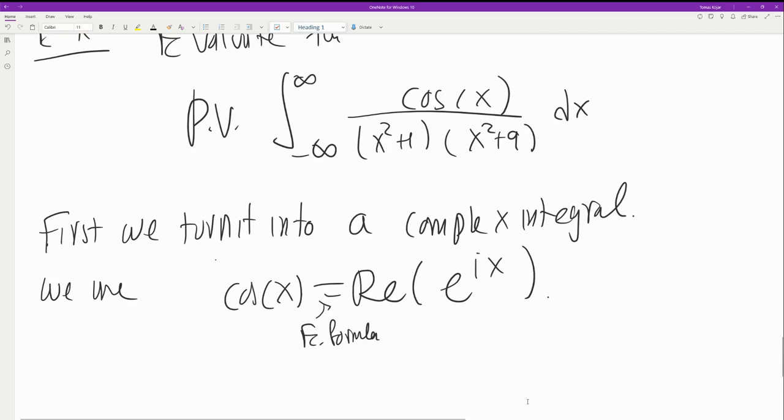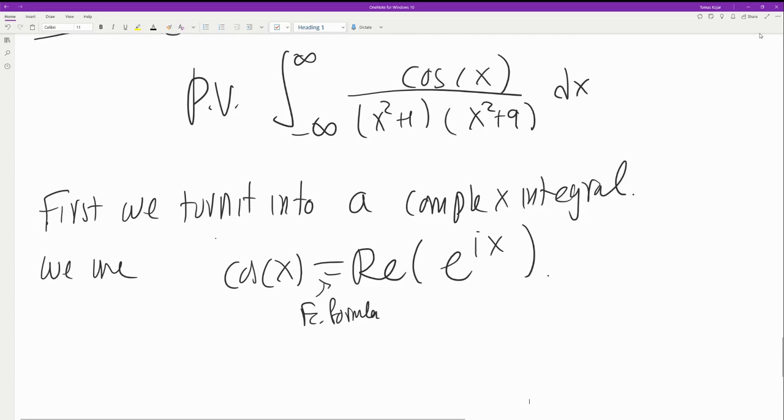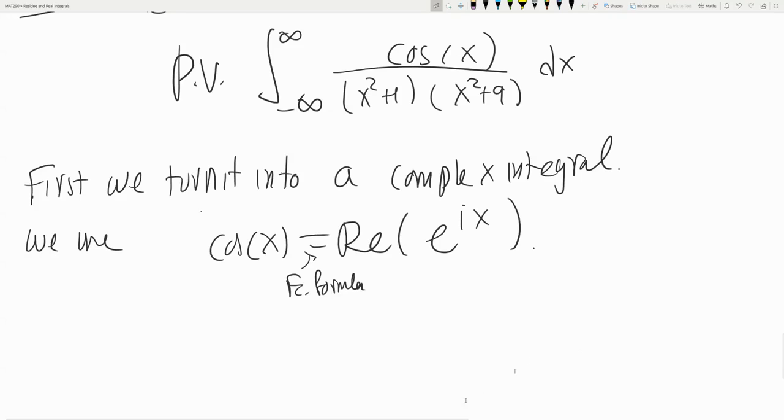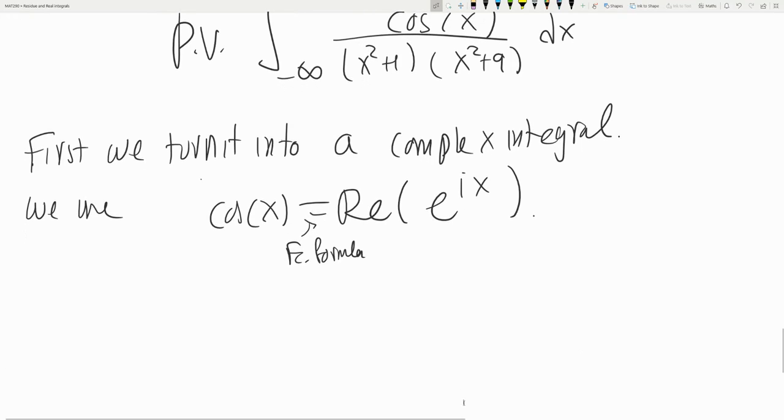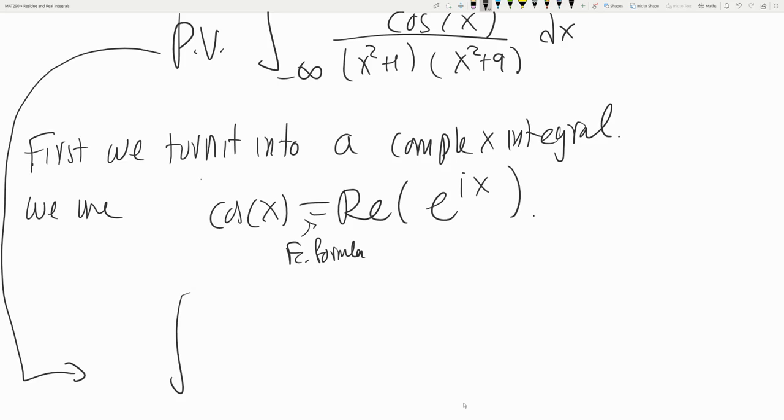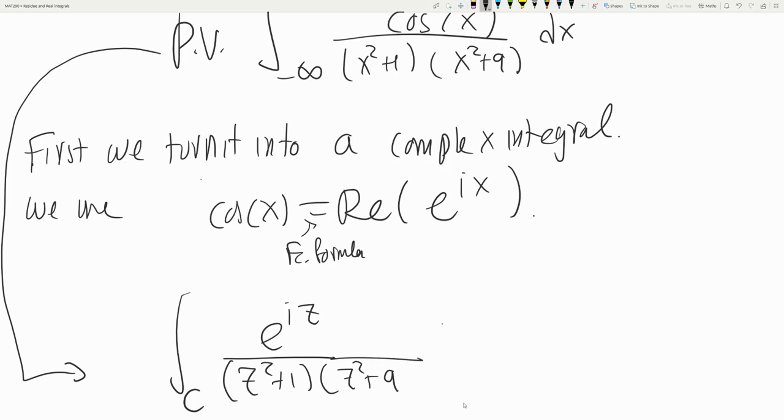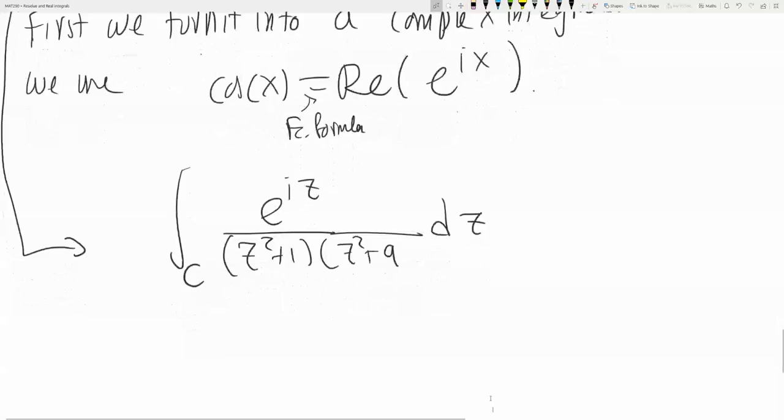Okay, so now we're going to study the integral of e to the iz over z squared plus 1, z squared plus 9, dz.